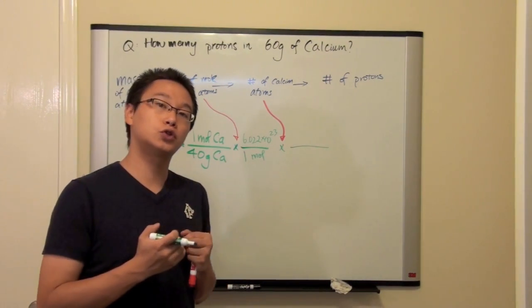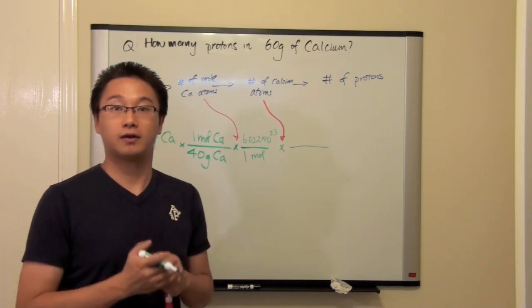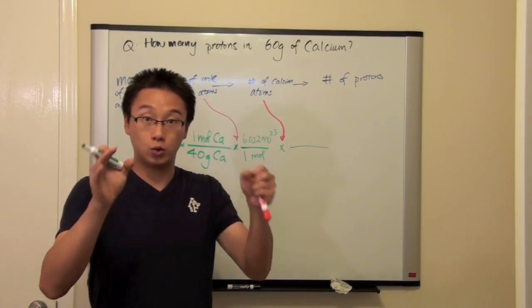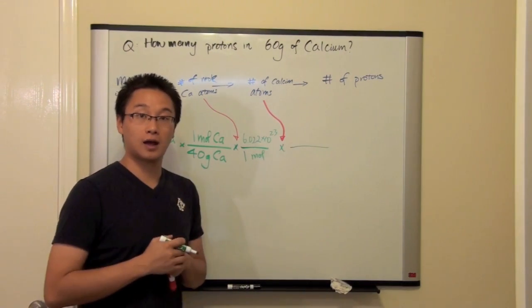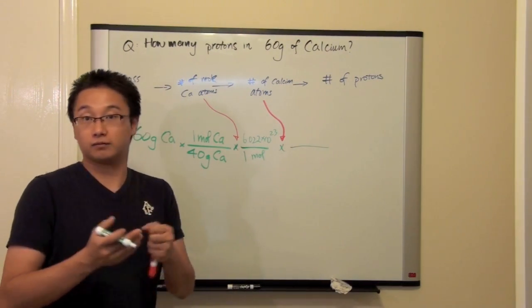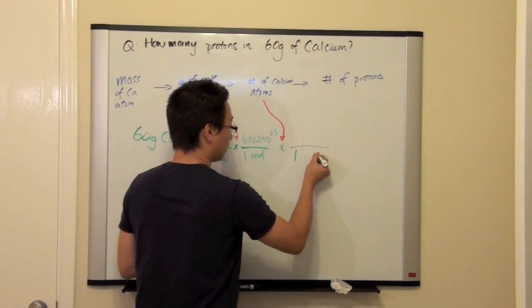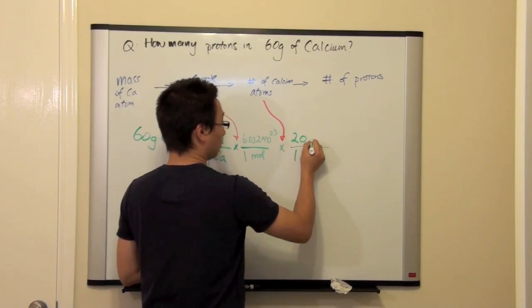We understood that in every single calcium atom, we have 20 protons, and that is going to be our ratio. So we use that statement to create our ratio: one calcium atom has 20 protons.